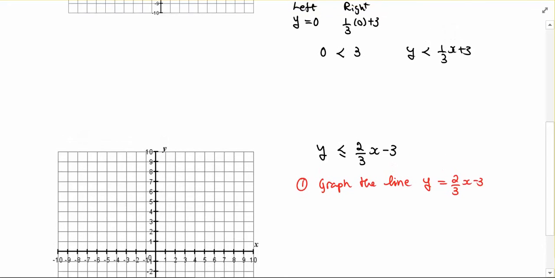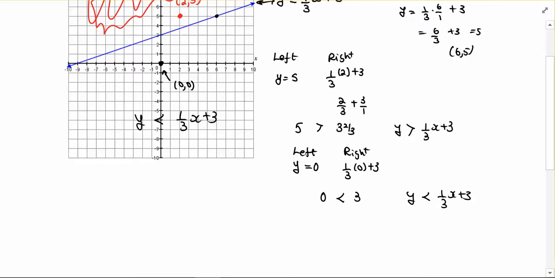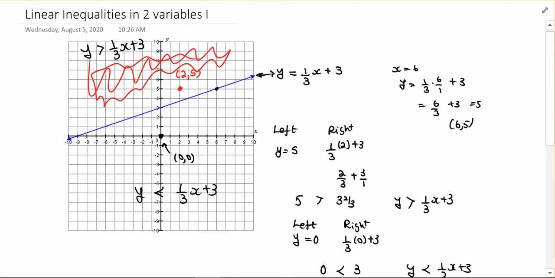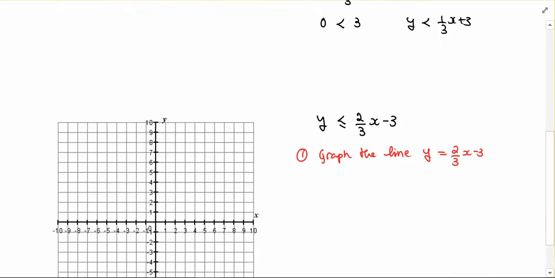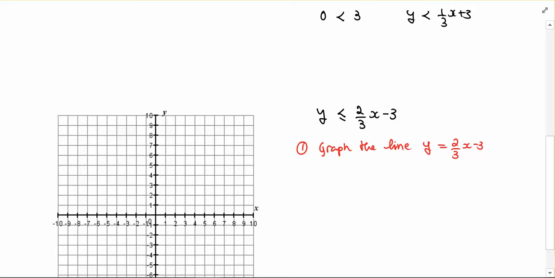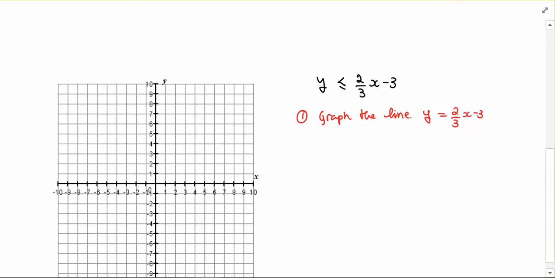Now the thing about the line is the boundary between where it's greater and where it is less. So if I want to know where it is less, then I first have to know the boundary between less and greater. So that's why you draw the line. So we graph the line any way we like.